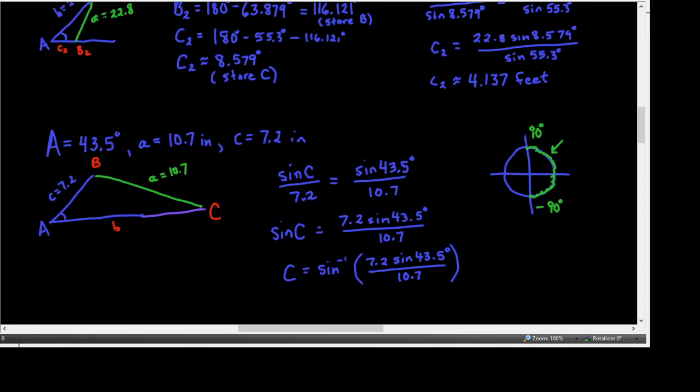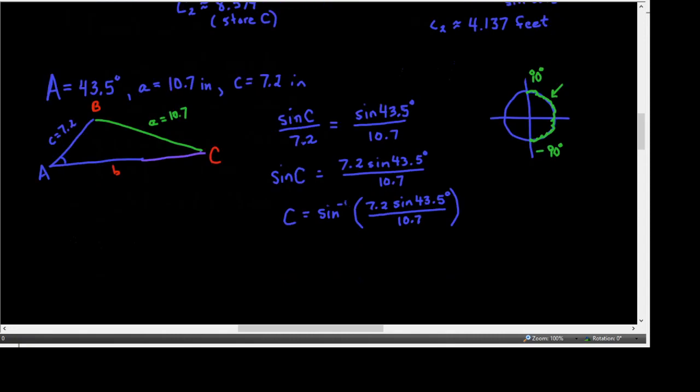So, if I have an obtuse angle, would I ever want to use the law of sines to find it? The answer is no, because sine inverse will not give you an obtuse answer. It can't. So, you would never use the law of sines to find an obtuse angle. Just keep that in mind as we're going. Now you might notice in the picture I've drawn, C is obviously smaller because 7.2 is smaller than 10.7.